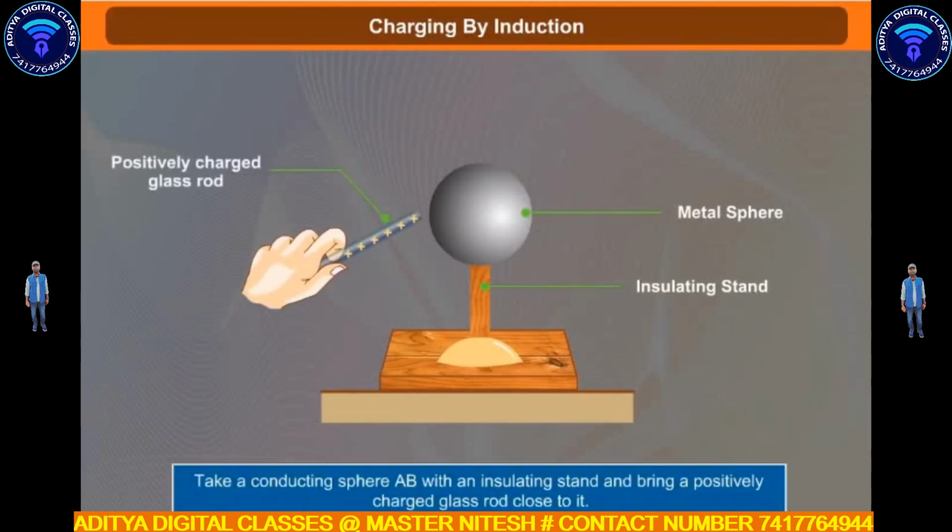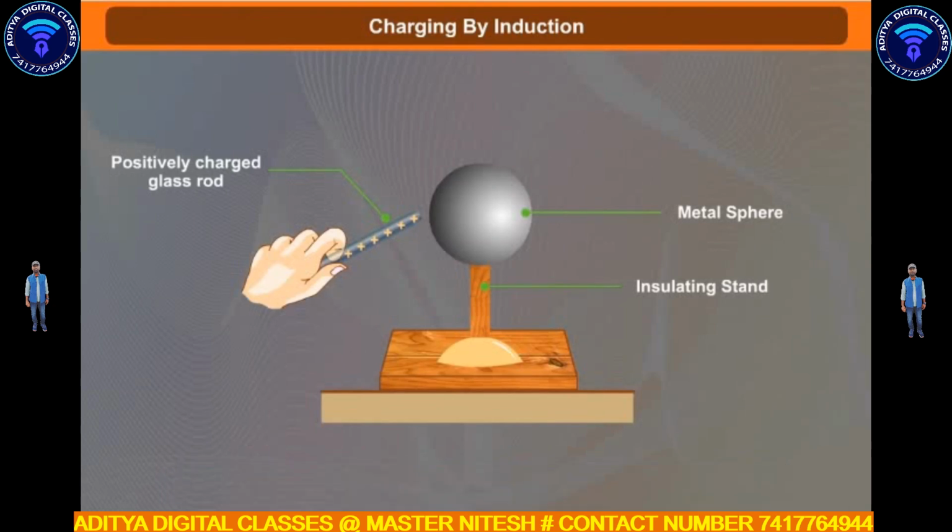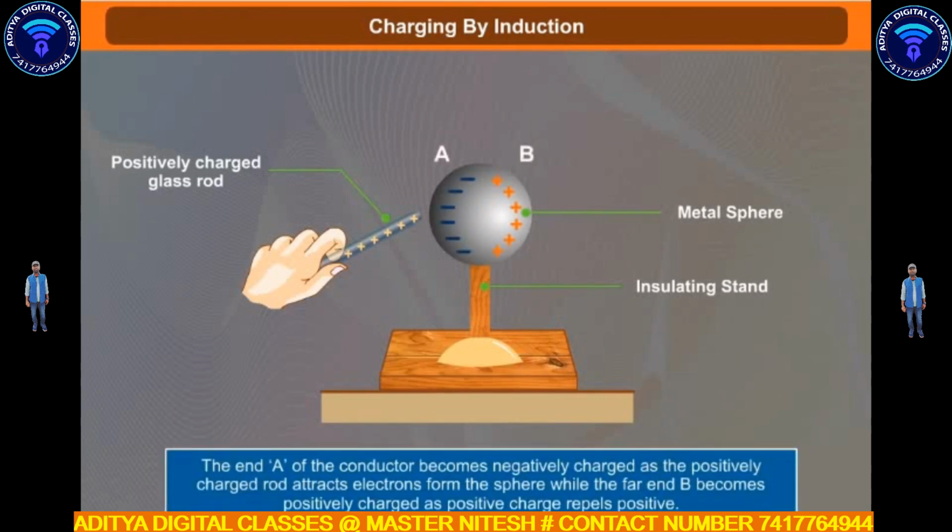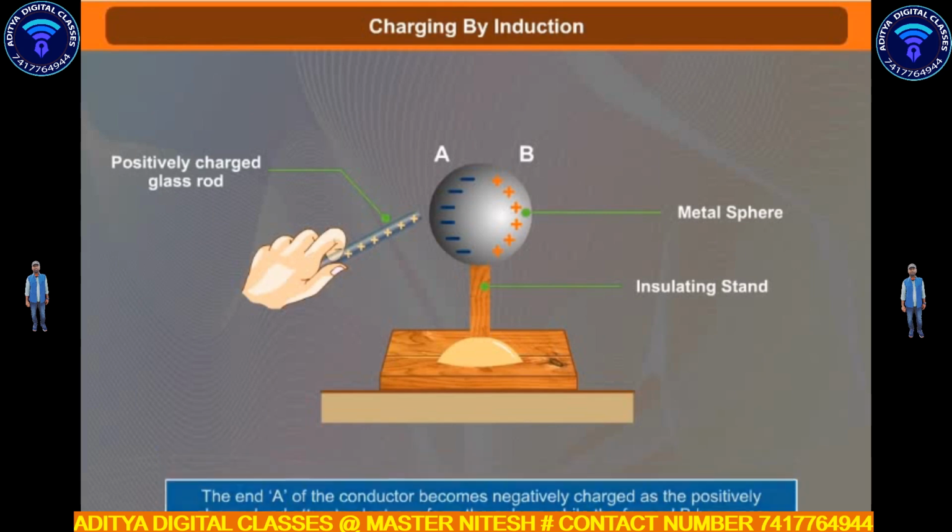Take a conducting sphere, AB, with an insulating stand and bring a positively charged glass rod close to it. The end A of the conductor becomes negatively charged as the positively charged rod attracts electrons from the sphere, while the far end B becomes positively charged as positive charge repels positive.